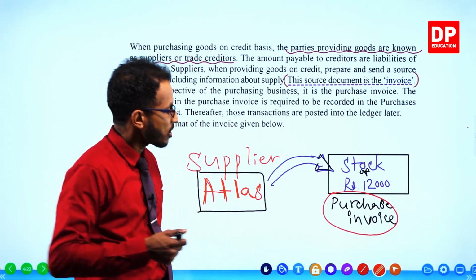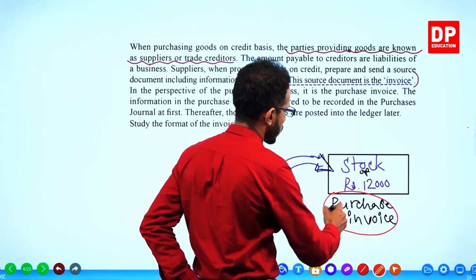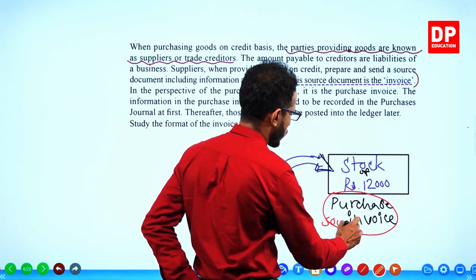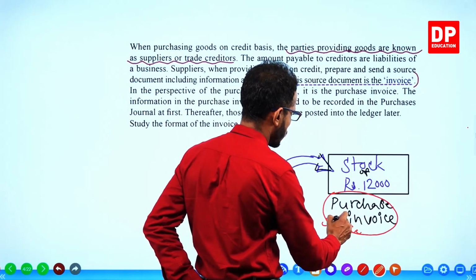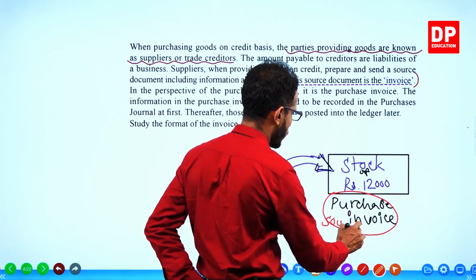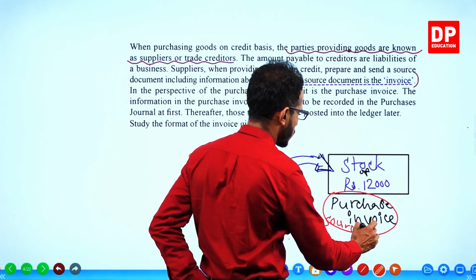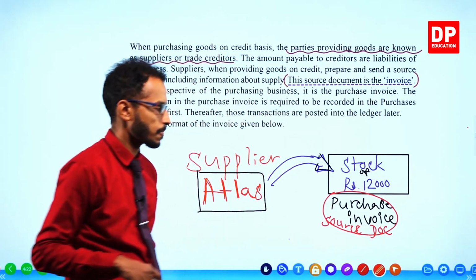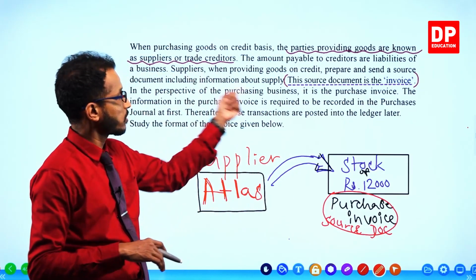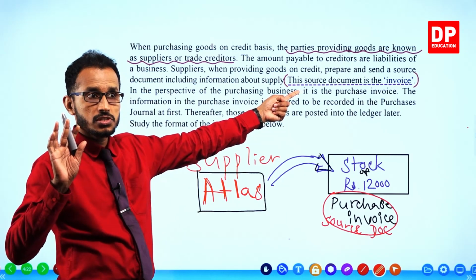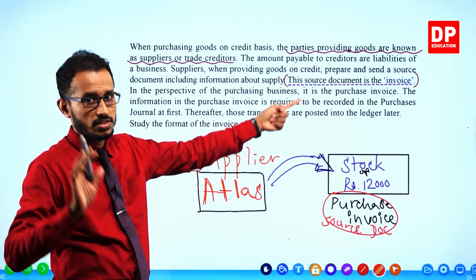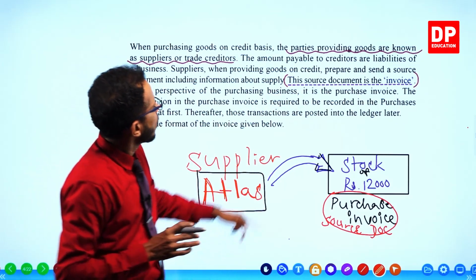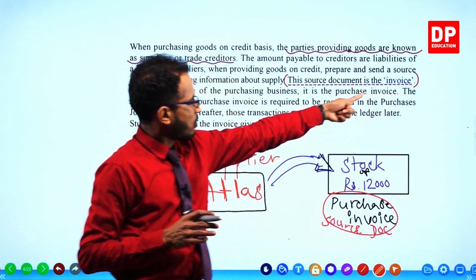This is the source document for this transaction, the transaction of credit purchase. This source document is the invoice, the purchase invoice.